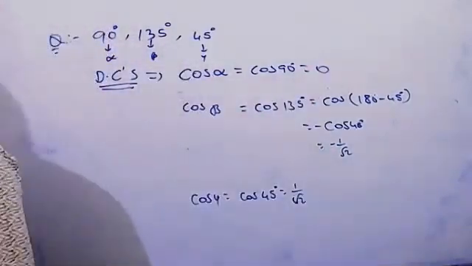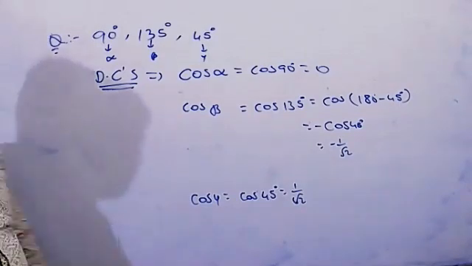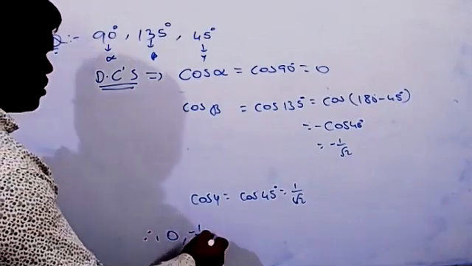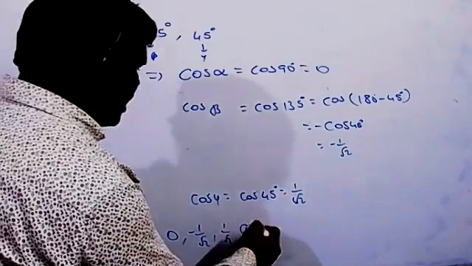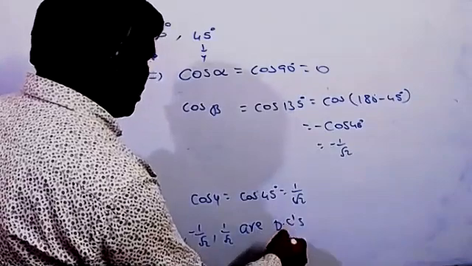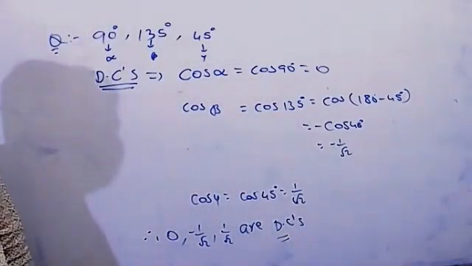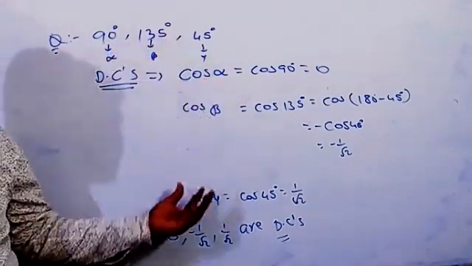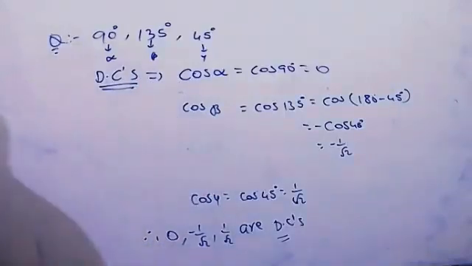Therefore 0, minus 1 by root 2, 1 by root 2 are the direction cosines. These are 2 marks questions, very easy and simple. If they give any angles directly, you can take cos alpha, cos beta, cos gamma as the direction cosines.